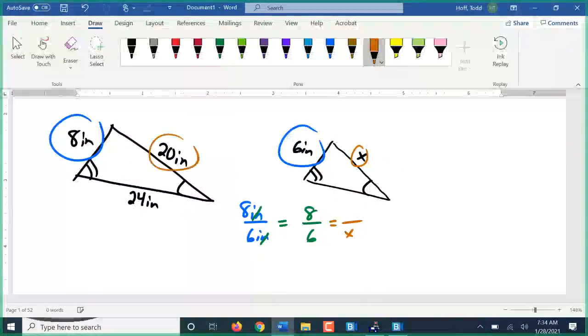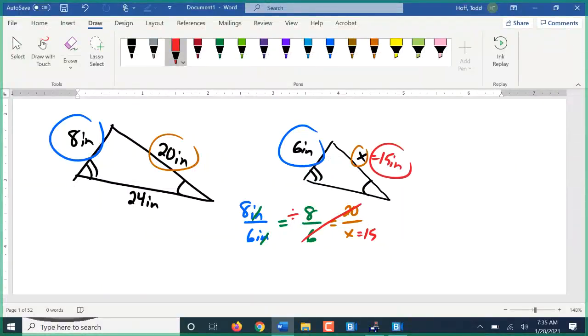Its corresponding side with the other figure is the 20. And we can cross multiply and divide. 6 times 20 divided by 8, 15. So x is 15 inches. So this direct proportion or direct relationship is really the same proportional relationship we've been looking at for the last couple of classes.